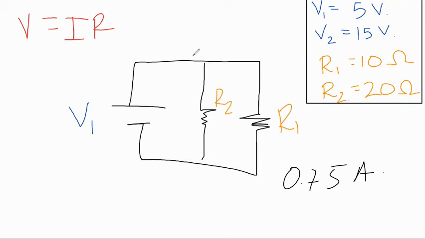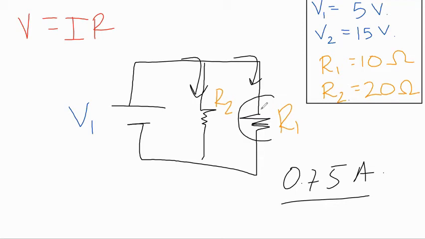However, this current is not exactly the same for both of these resistors. Both of these resistors have their own separate current. Because these charges are going through these resistors from two different locations, and these resistances have two different levels of resistance, the current that passes through each is going to be different.